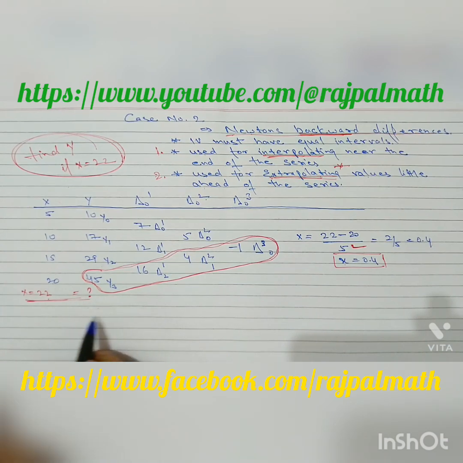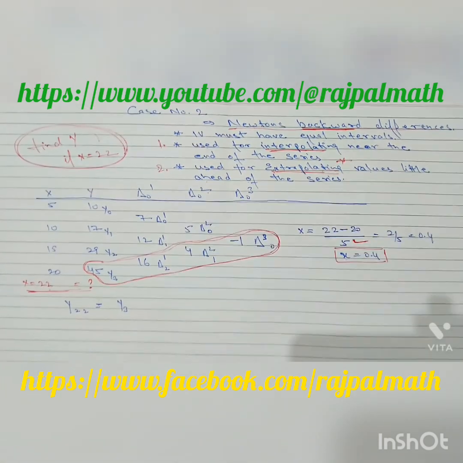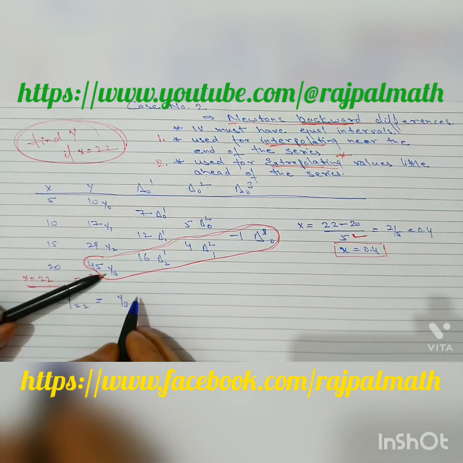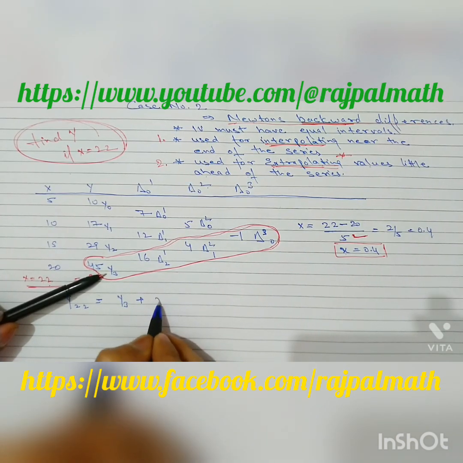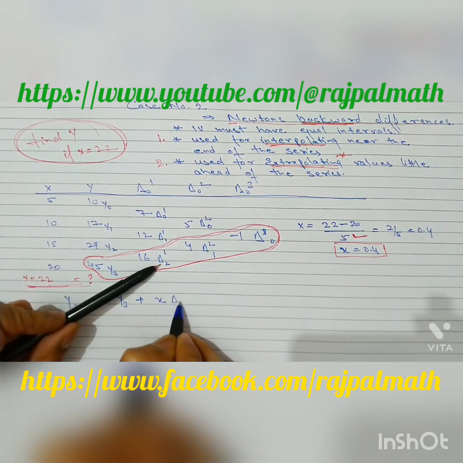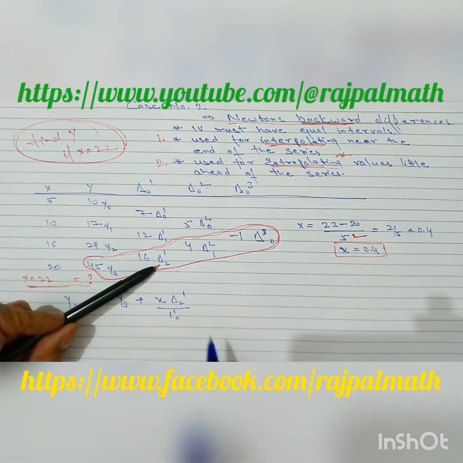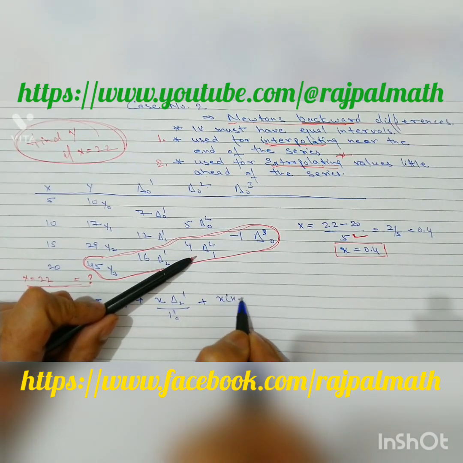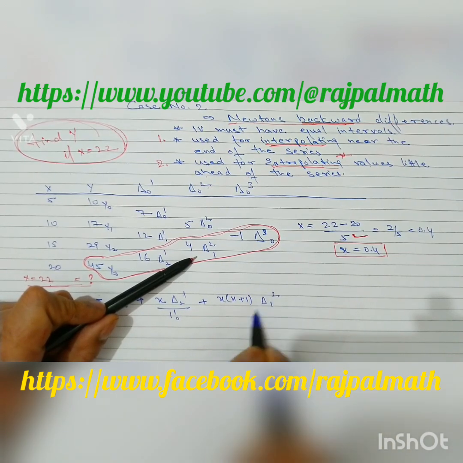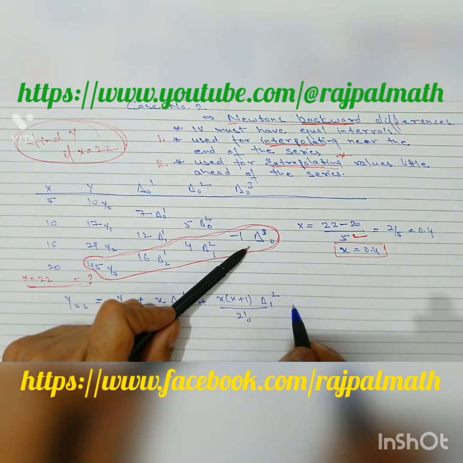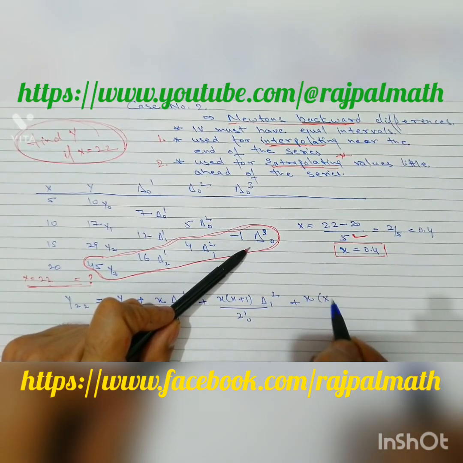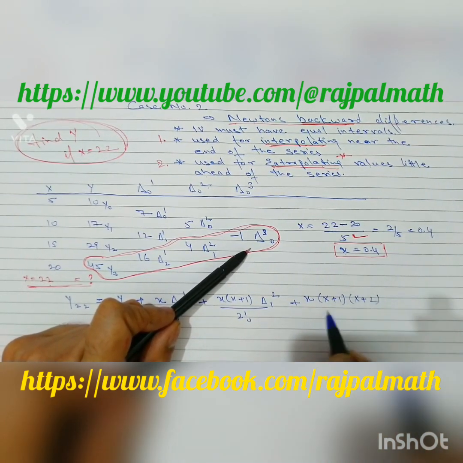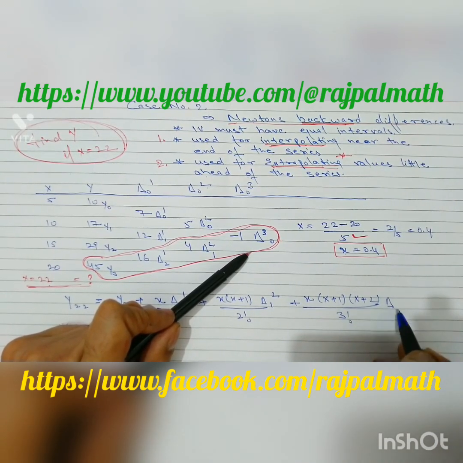Therefore, formula is y22 equals y3, first term, plus x delta 2 1 by 1 factorial, plus x plus 1 delta 1 2 by 2 factorial, plus x plus 1 x plus 2 by 3 factorial delta naught 3.